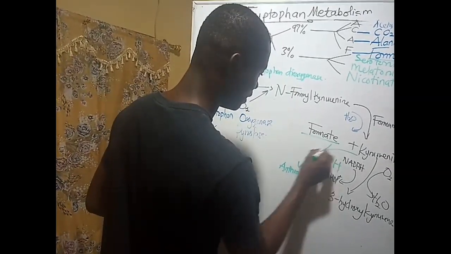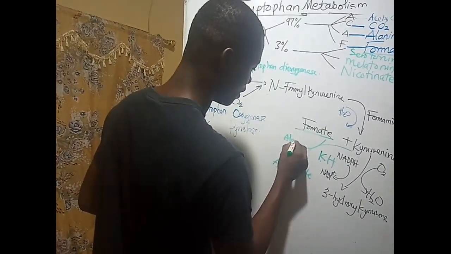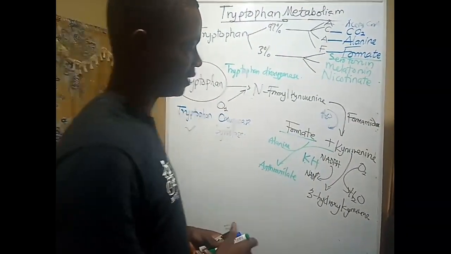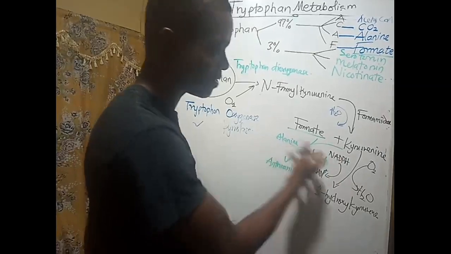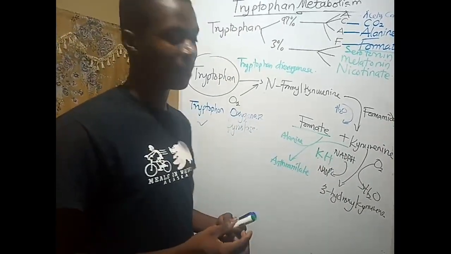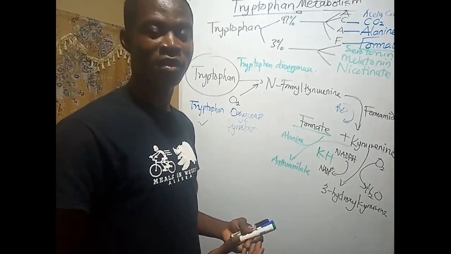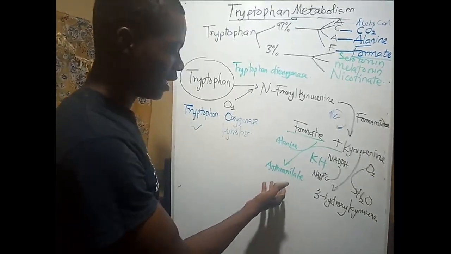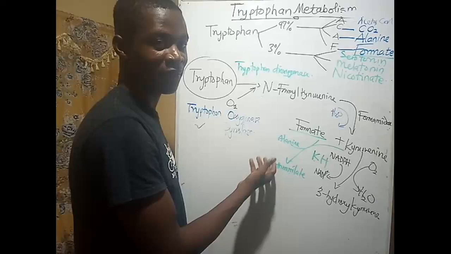Now, in this reaction, alanine is produced. So you see, we've already gotten our first source of alanine. But initially I said that metabolism of tryptophan involves a lot of branch points. This is one of the major branch points, anthranilate, or you can also have kynurenate.